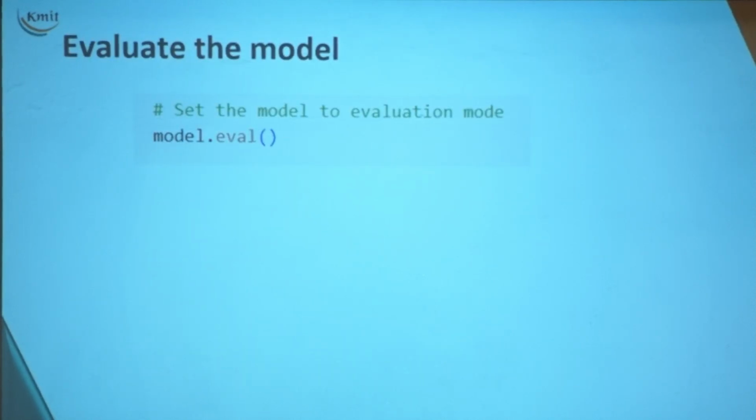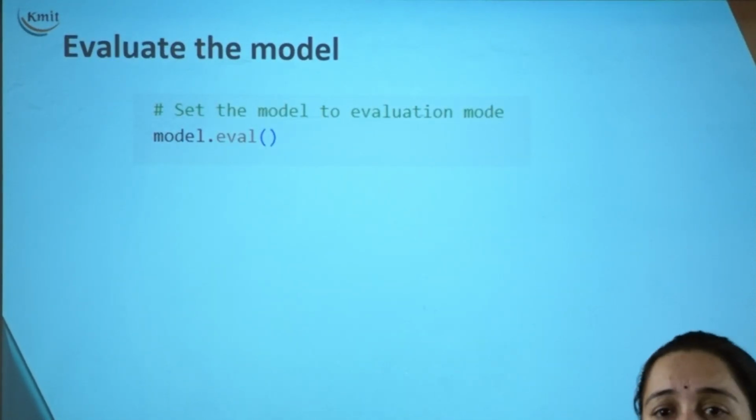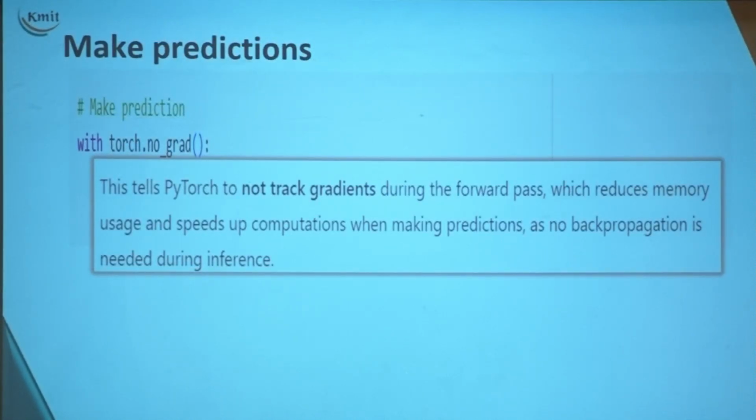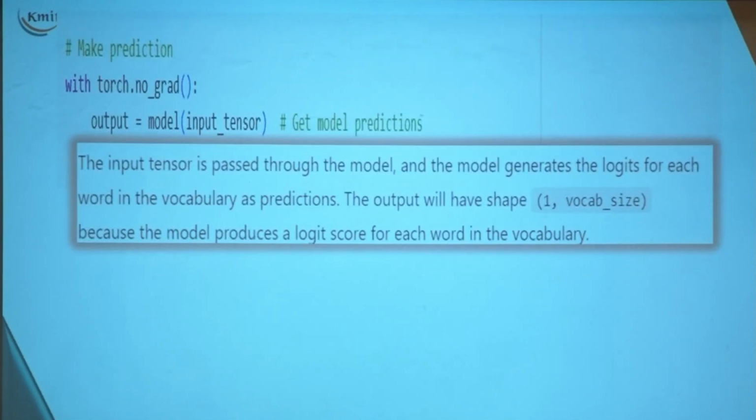Now, once you have trained your model, you go for evaluation of that particular model. Make the predictions with no tracking of gradients, in order to increase the speed and reduce the memory. That is no_grad. We are making predictions with no gradient tracking. The output will have the shape 1, vocab size.